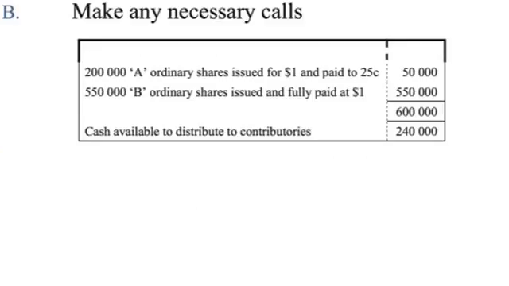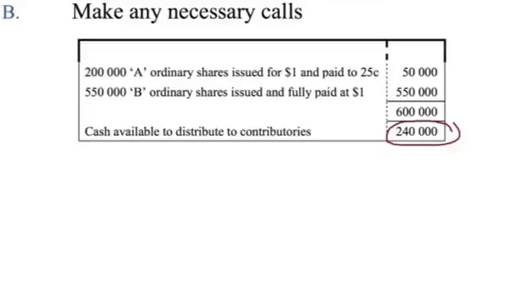Now, in this example, we're faced with a company that has been liquidated and they're now at the stage where they have to return capital to the shareholders. They've realized their assets, and they've paid their creditors. And after the creditors were paid, they had an amount of $240,000 available in cash to distribute to their contributories.